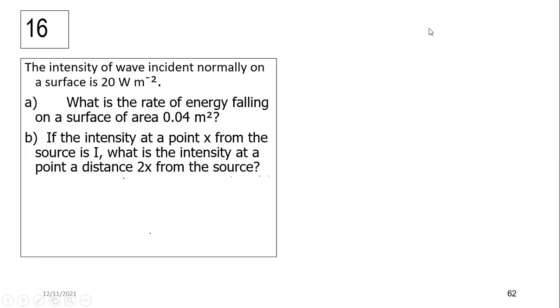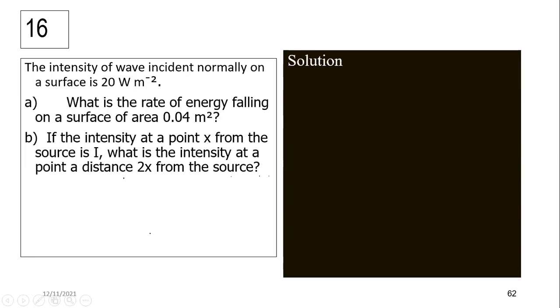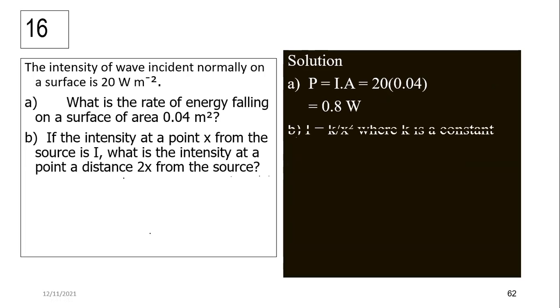Right? You are given intensity, what's the rate of energy? You want to find P, use the right formula. Right? P is I times A, or I is P over A. I is 20. A is that. Okay, out. If the intensity at point X for the source is I, what's the intensity at a distance 2x from the source?